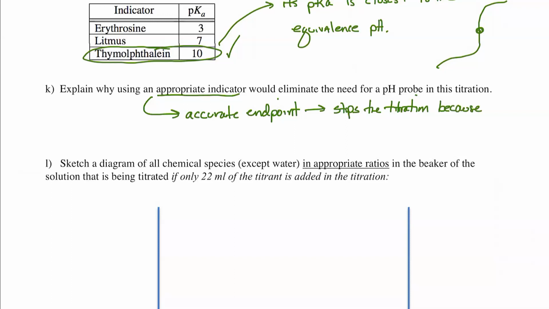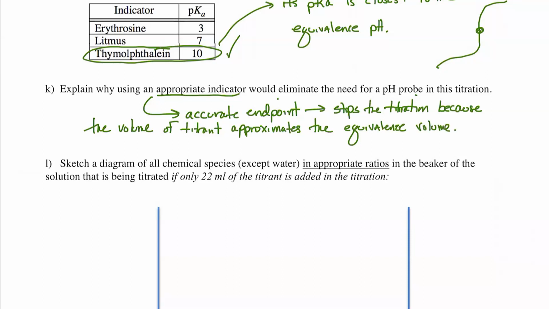Because the volume, so important to understand, it's the volume of titrant, in this case the strong base, accurately what? Accurately approximates the equivalence volume.